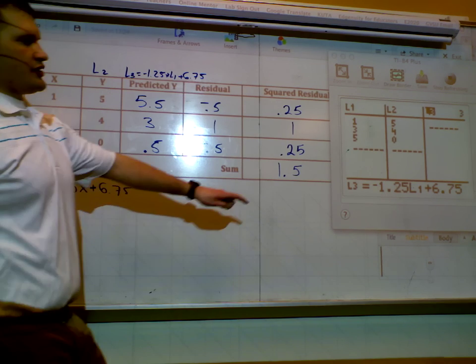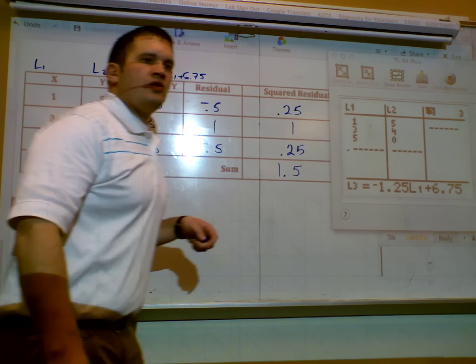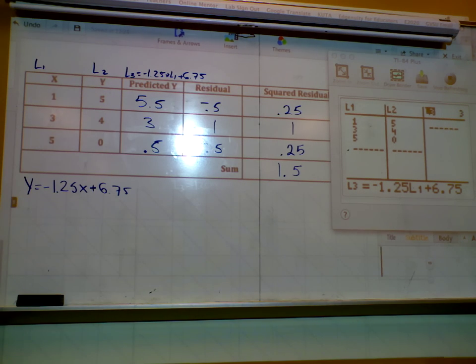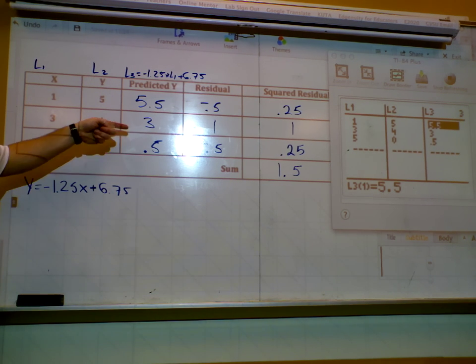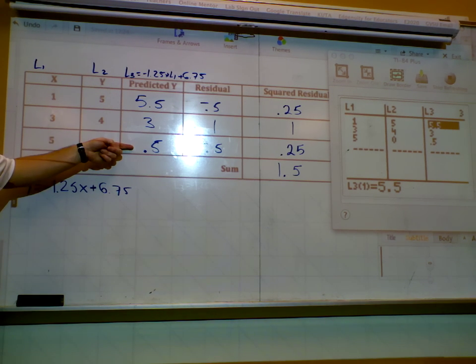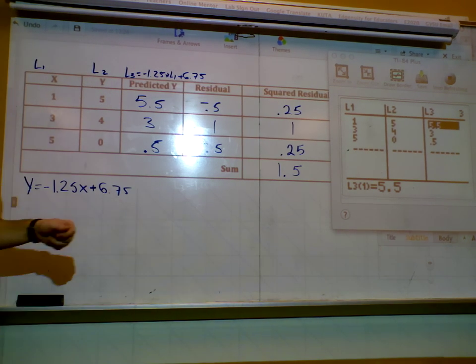It's just like this. Once you have that, if you hit enter, then we get 5.5, 3, and 0.5. Why did you show us this before? Because then you would know how they came about.